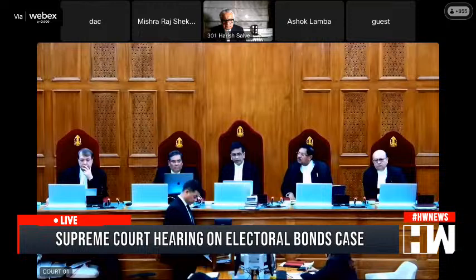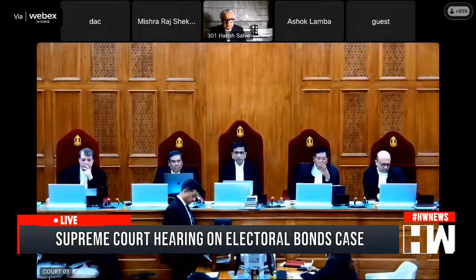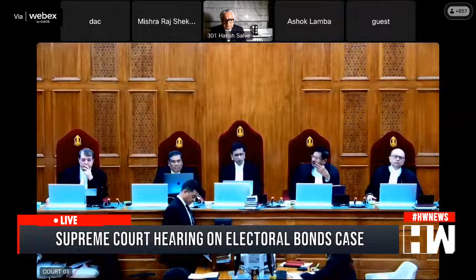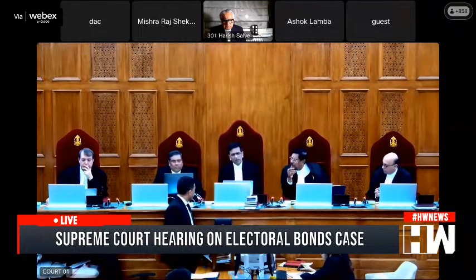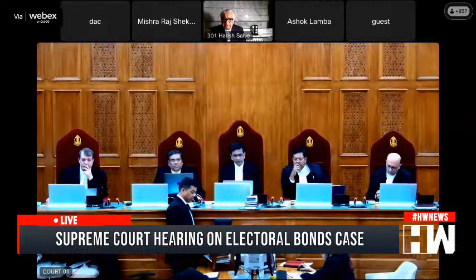Next. In view of the above discussion, the miscellaneous application filed by SBI seeking an extension of time for the disclosure of details of the purchase and redemption of electoral bonds until 30 June 2024 is dismissed. SBI is directed to disclose the details by the close of business hours on 12 March 2024.